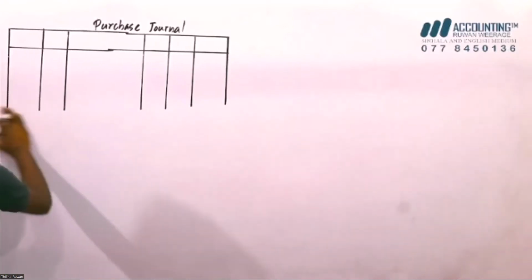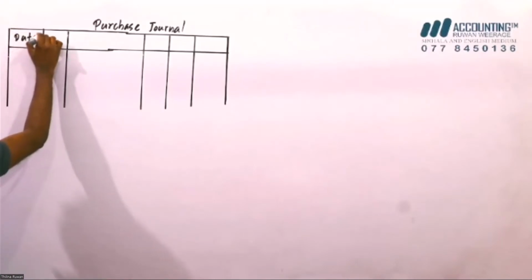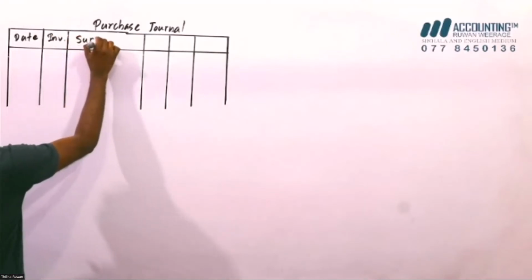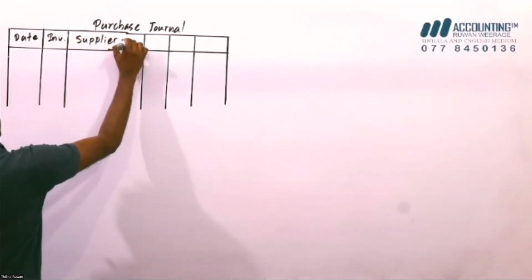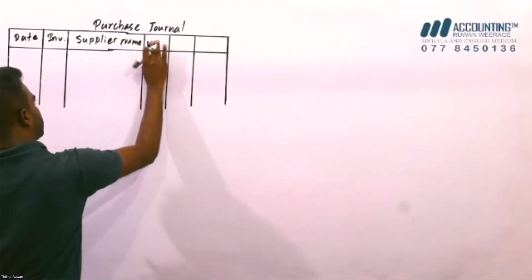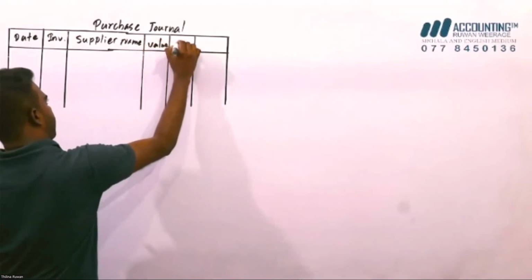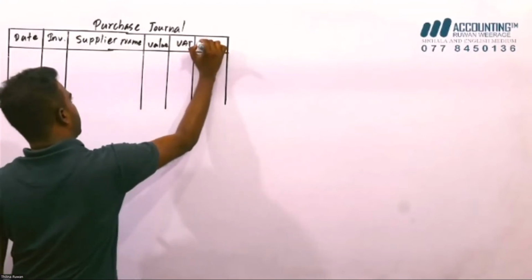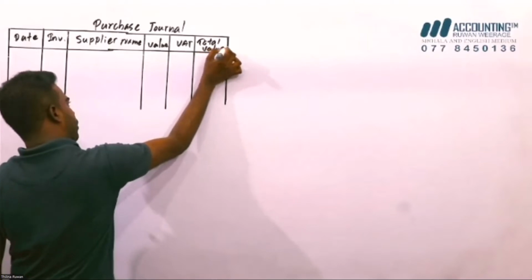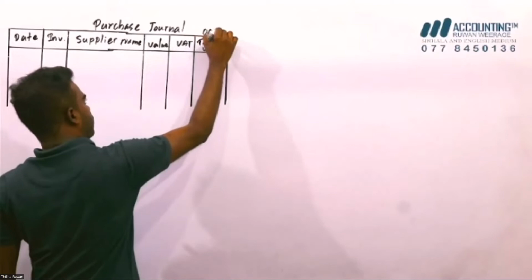So here should be date, invoice number, and supplier name. This is value, VAT column, and total value, in thousands, right?